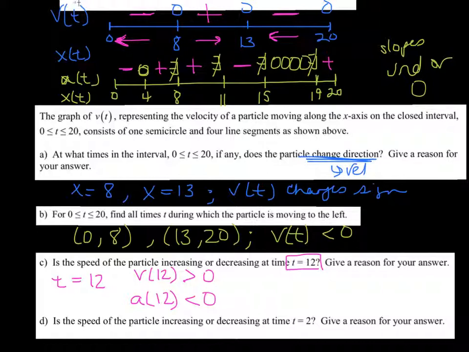So I have a velocity at 12 that is positive and an acceleration that is negative. Therefore, I would conclude that this particle is slowing down, or its speed is decreasing, and the reason would be because v of t and a of t have opposite signs.